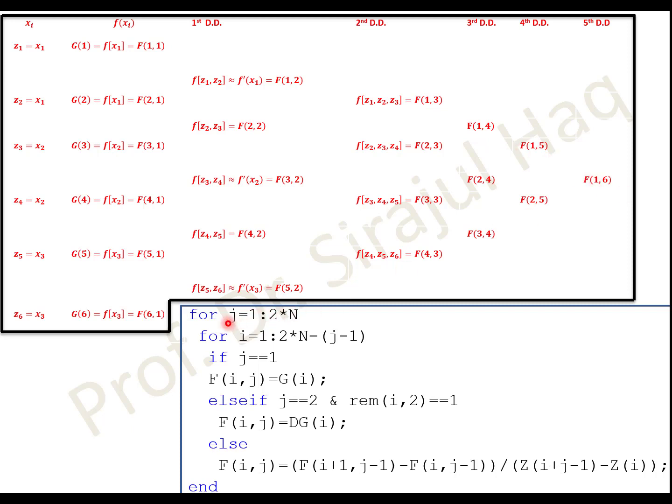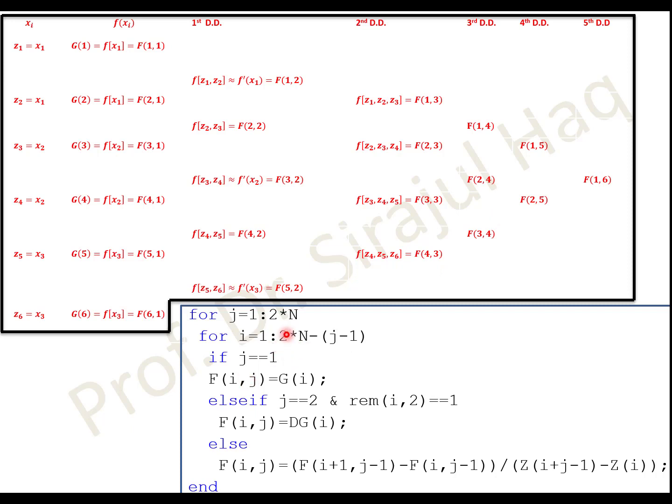So that's the reason I'm taking g starting from 1 up to 2n, which is different from the previous cases. The same, if you look at your table: 6 rows, 5 rows, 4 rows, 3 rows, 2 rows, and 1 row. So as we are progressing from left to right, the number of rows is decreasing by 1.